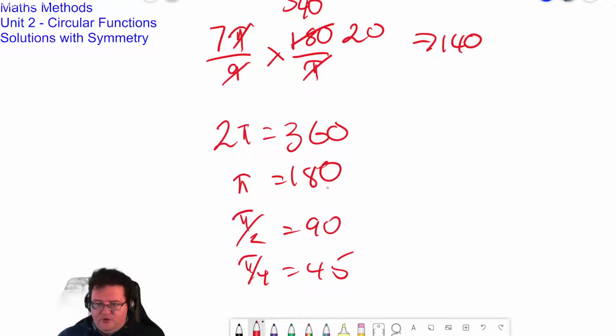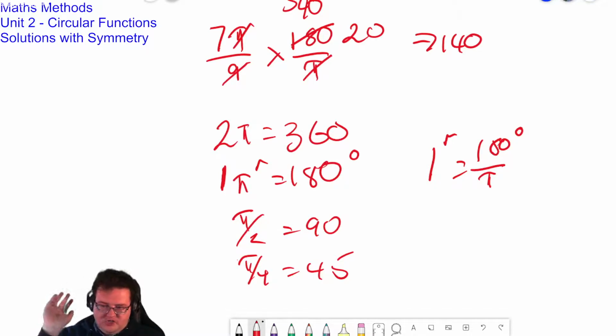This one is the important one: 1 pi radians equals 180 degrees. So 1 radian equals 180 divided by pi degrees. And if I wanted to go backwards and figure out what 1 degree was, it would be pi divided by 180.